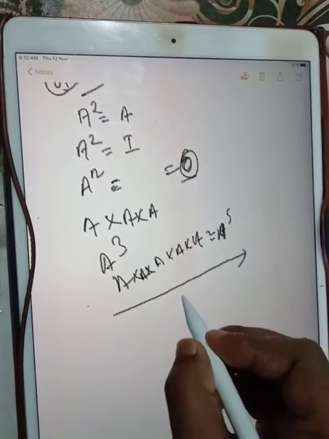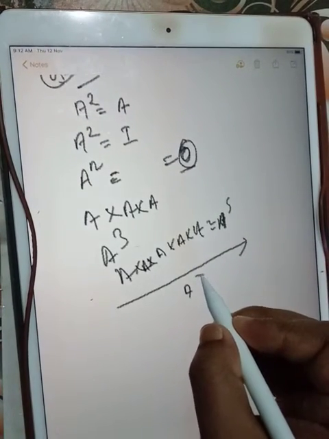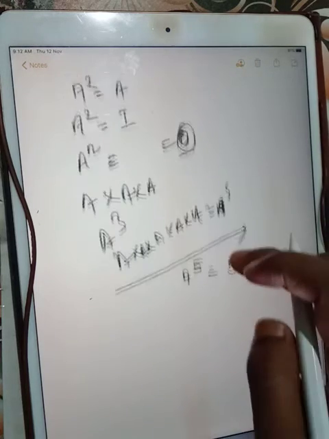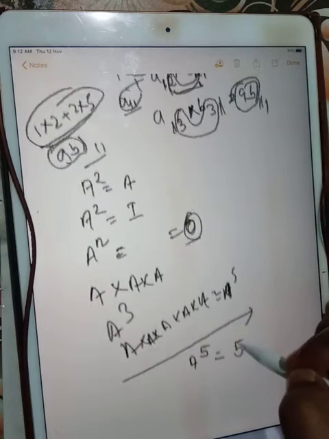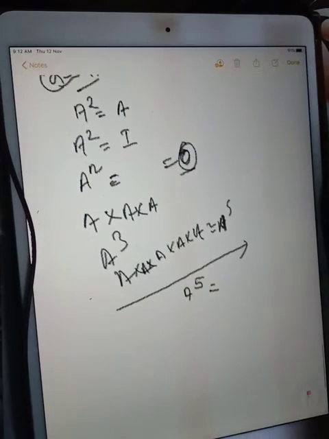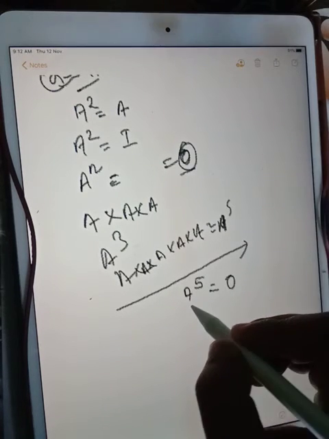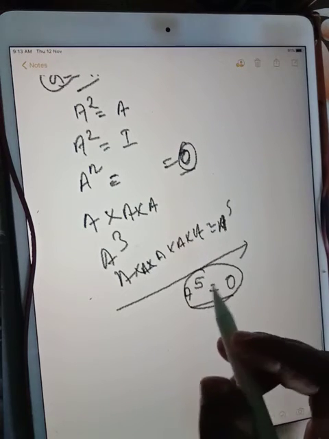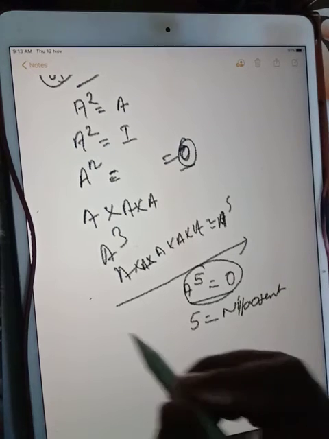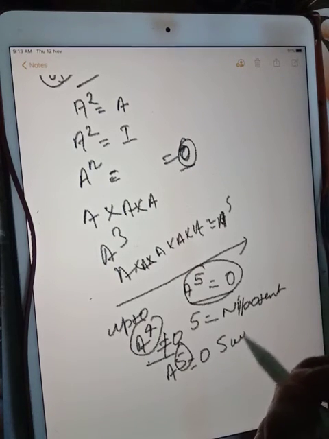then the power up to which you are getting 0 is important. If you are multiplying and you get A to the power 5 equal to 0 for the first time, then 5 will be the index of that nilpotent matrix. That means if A to the power 4 is not equal to 0 and A to the power 5 equal to 0, then 5 will be the index of that nilpotent matrix.